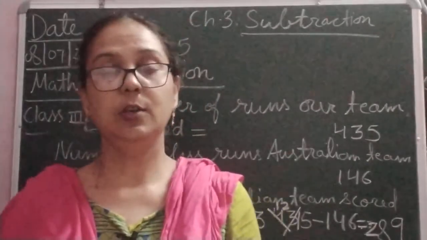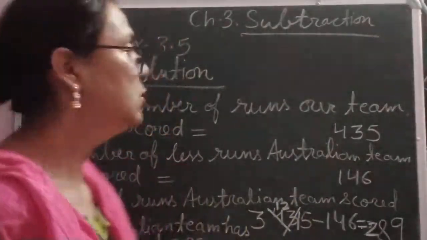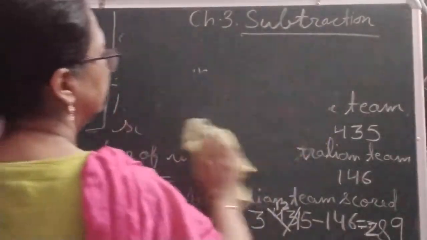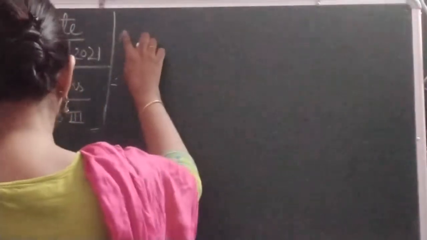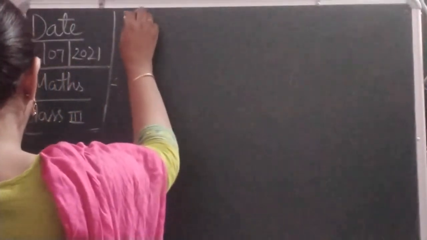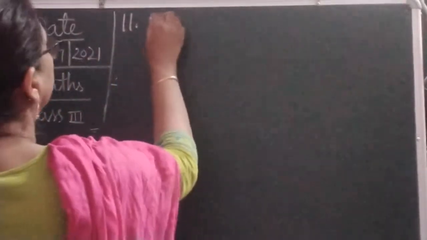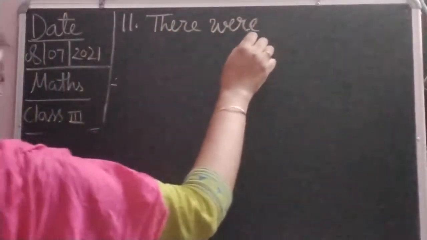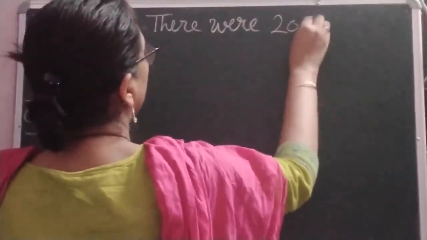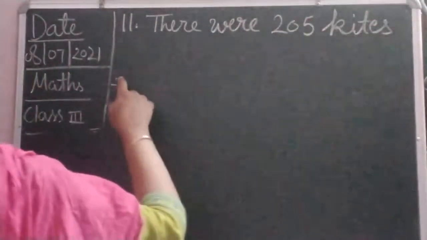Okay, so children, first we will write the question and then we will solve this. So I am going to write the question on the board. First you will write the question, children, then we will write the solution. So this is question number 11. There were 205 kites in a shop.